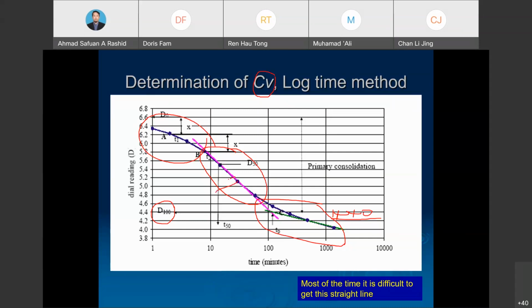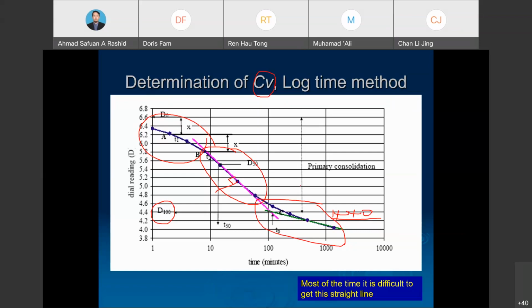So kita draw what we call a 90 degree, and then approximate 90 degree. Then we draw a line, which represents the pink line. And then with the same approach, we draw a tangent line on the third curvature line. Then it represents what we call the green line.